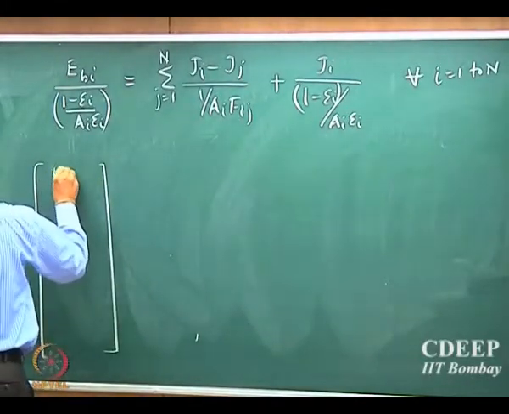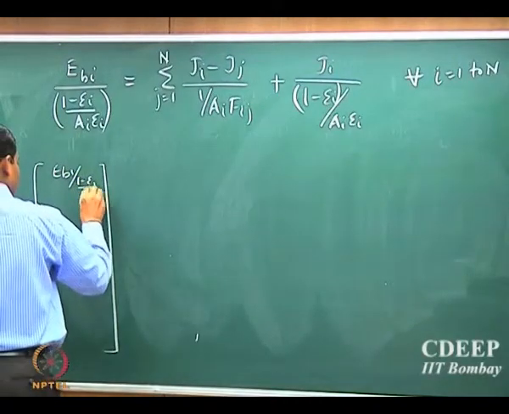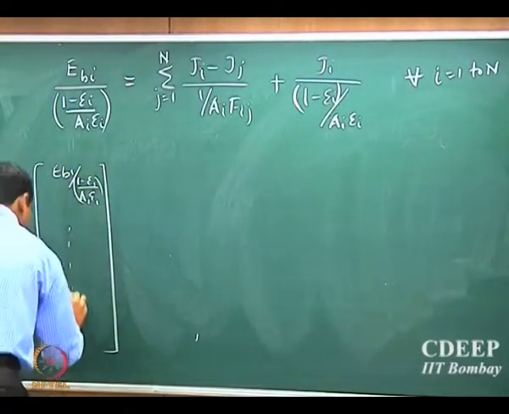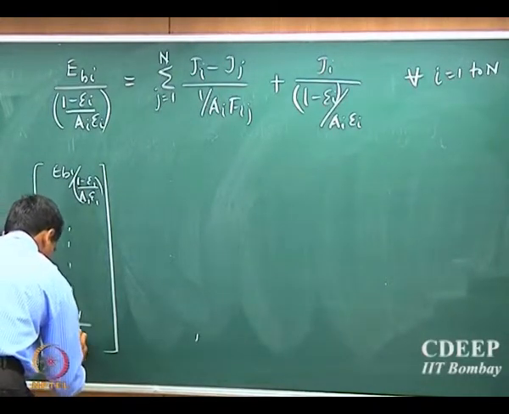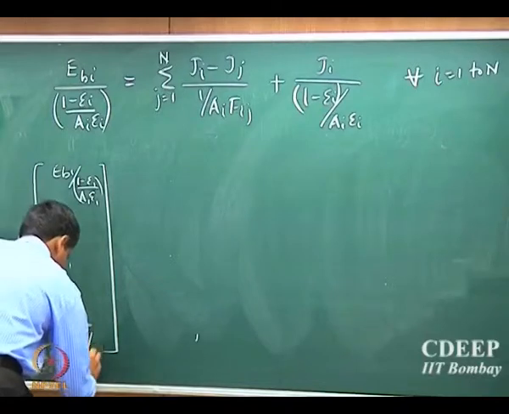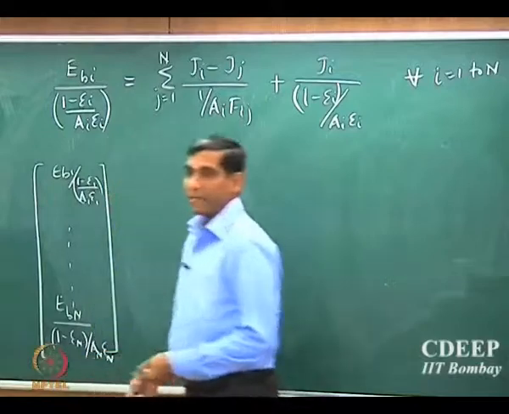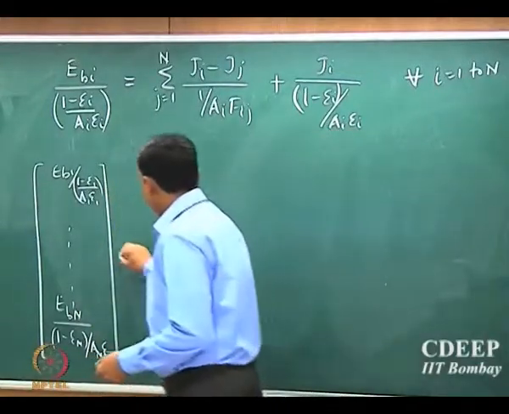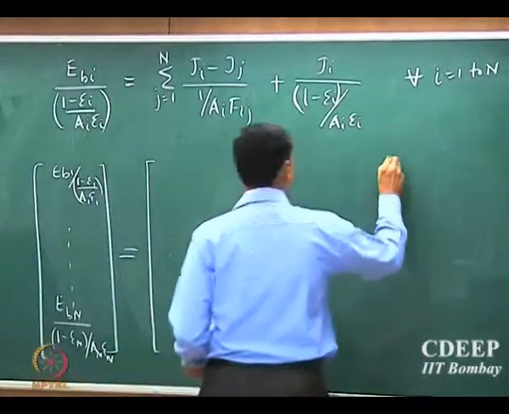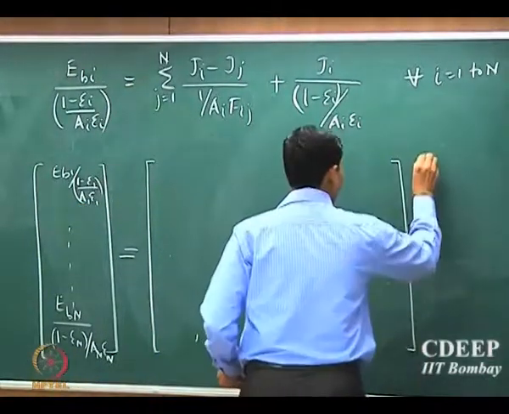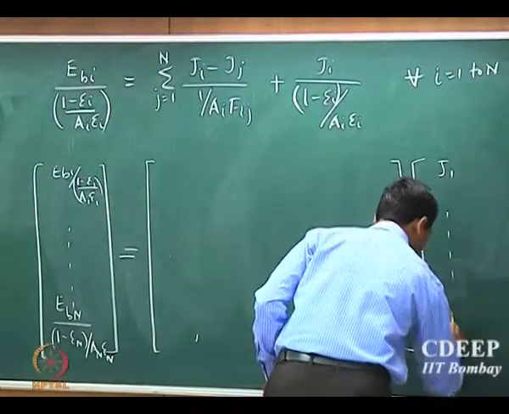That is EB1 by (1 minus epsilon 1) by (A1 epsilon 1), down to the nth term with epsilon n, and that is equal to a matrix multiplied by J1 all the way up to Jn.